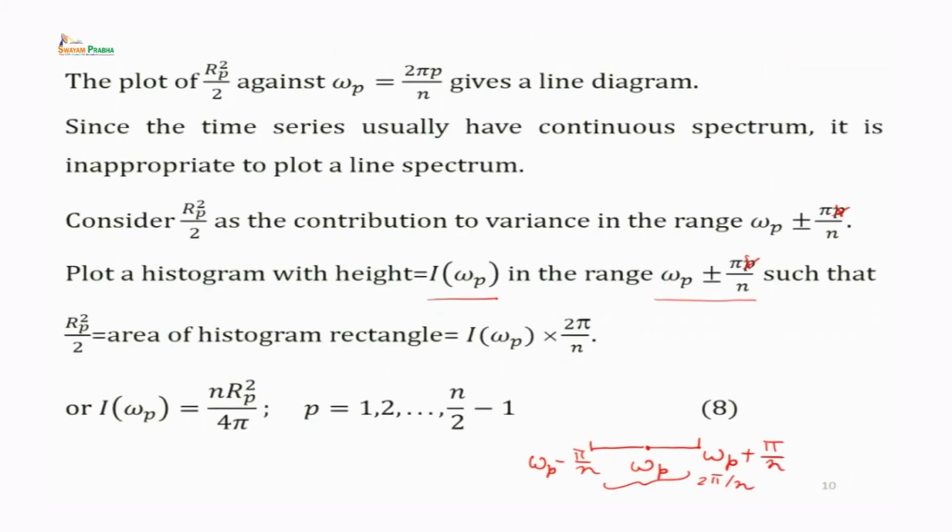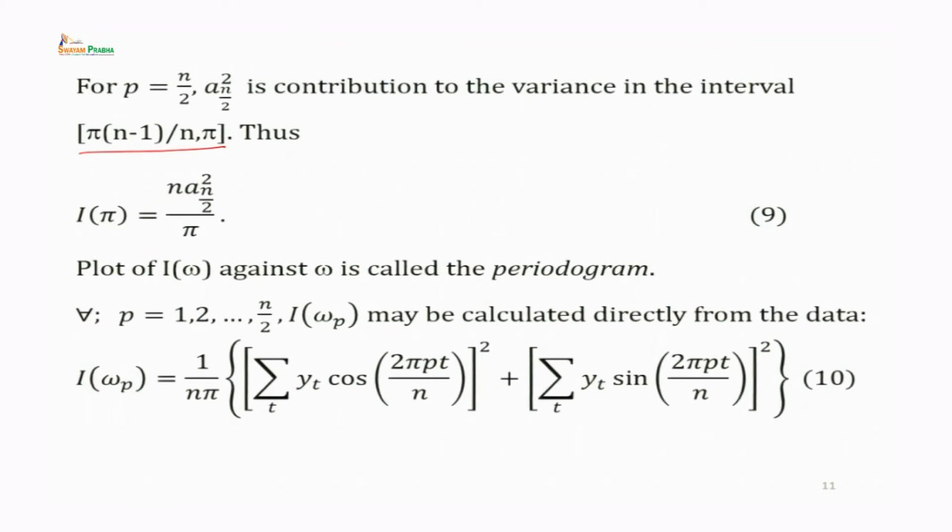So, we just substitute the values of A p and b p in the expression for R p square. So, we get this expression for I omega p, and using this expression you can easily calculate I omega p directly using the data.